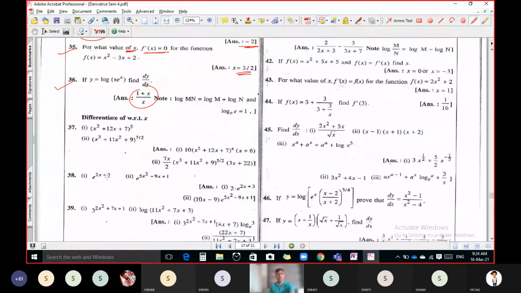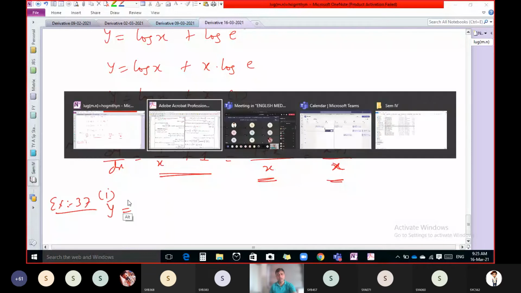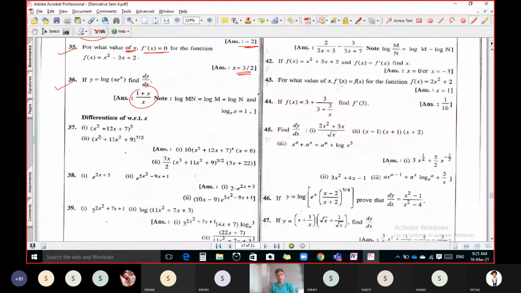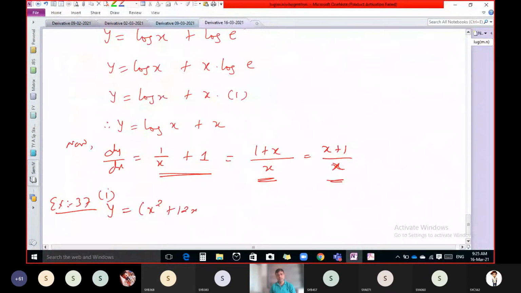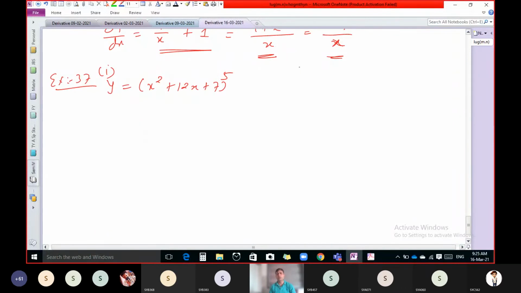Now, next one. This is 37, first one. Question number 37: y equal to (x square plus 12x plus 7) raised to 5. Now listen, here we have to use one rule of derivative, which is known as chain rule.